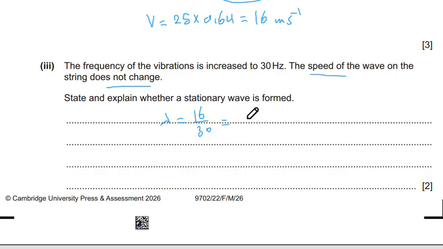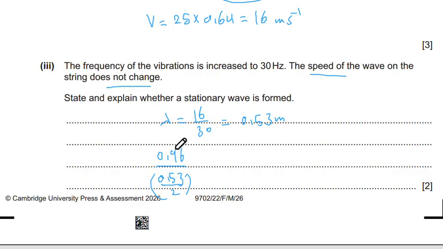So lambda after the increase in frequency will be this value. And if we divide the length over half of this value, this is the wavelength, half of wavelength.